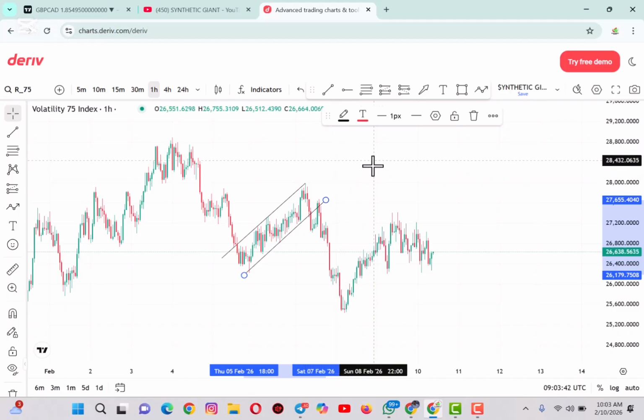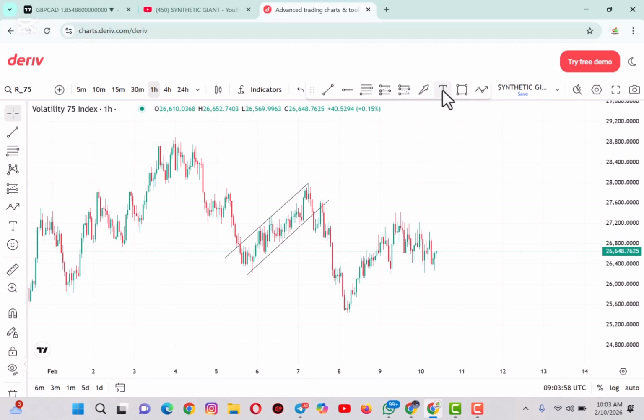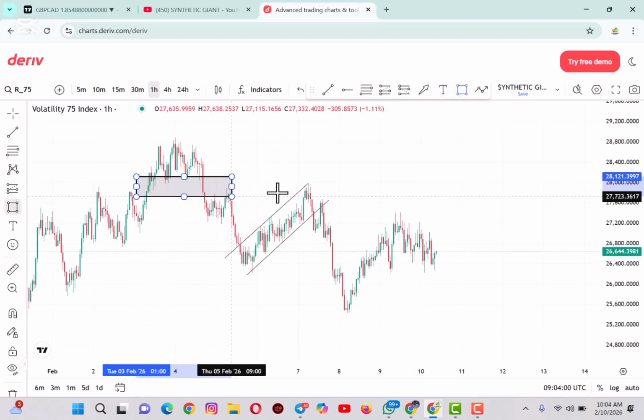Your flag, your trend line, and your support and resistance. Your ability to join the 2 or the 3 of them together is what we call confluence trading.